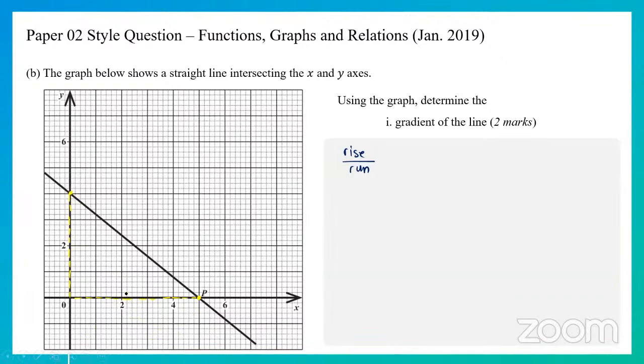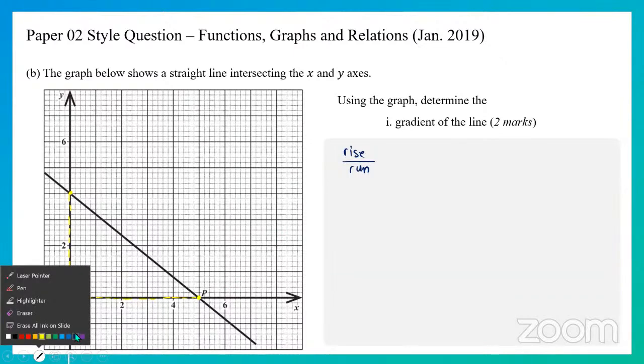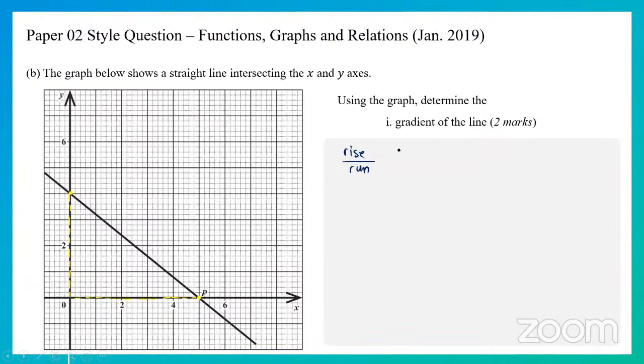The reason I use that is because it's always best to use as big a triangle as you possibly can. Also, it's nice to meet the line at two exact points, so that you have an easier time finding your rise and your run. So with that said, I am going to get into actually finding my rise and my run.